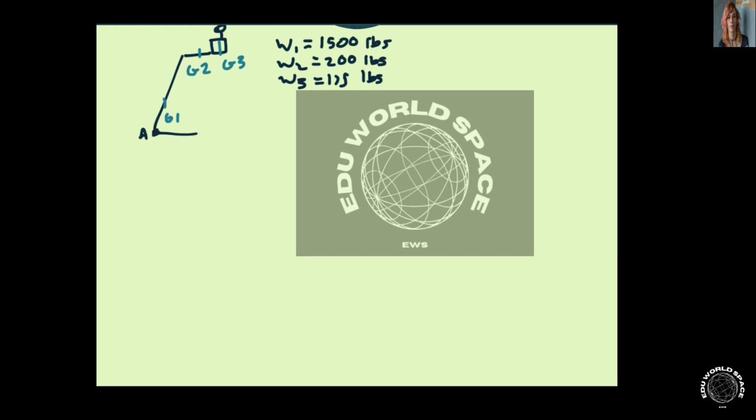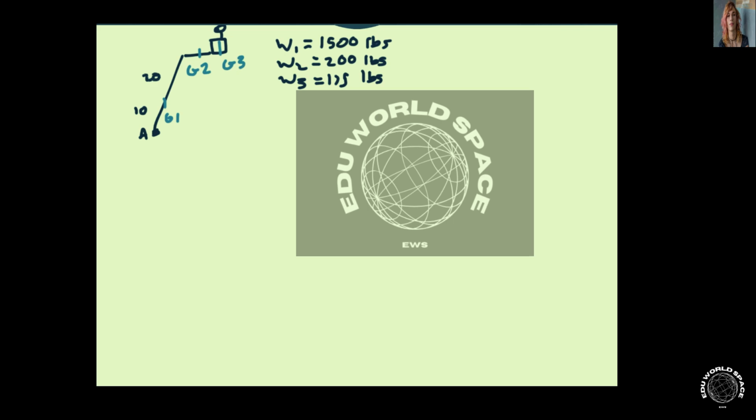And we have to determine the resultant moment produced by all of these weights around a point, and that point is called A, at the base of the boom. We're given a few dimensions and information about this setup. We know that this length here is 10 feet.